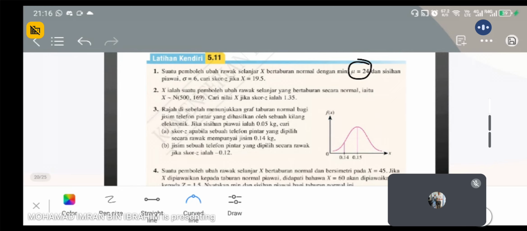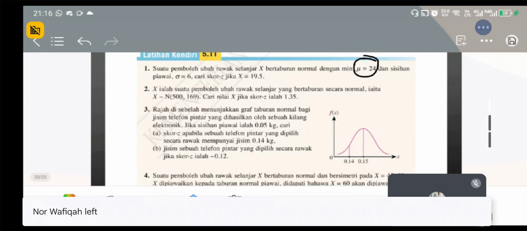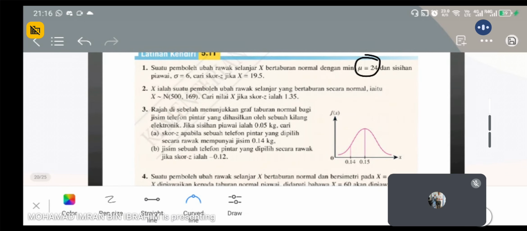But then we need to know that you can use that for masukkan dalam persamaan. Here is apa yang diminta. We just read the question first. Sisihan piawai sama dengan 6, and dia minta kita untuk cari skor Z jika X sama dengan 19.5.